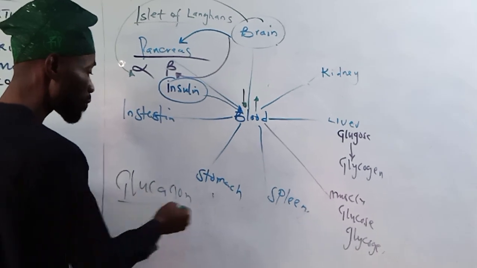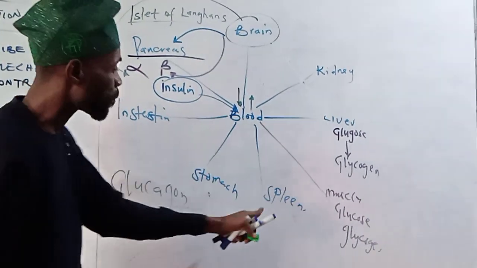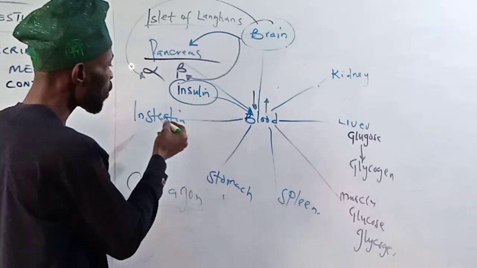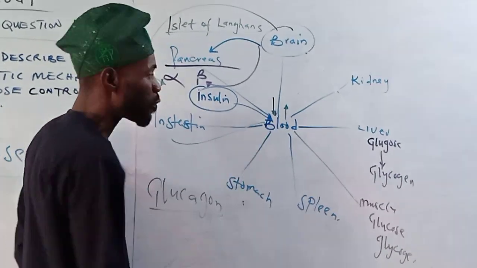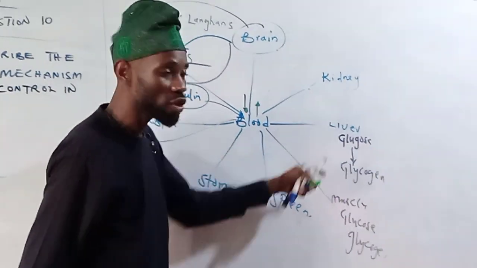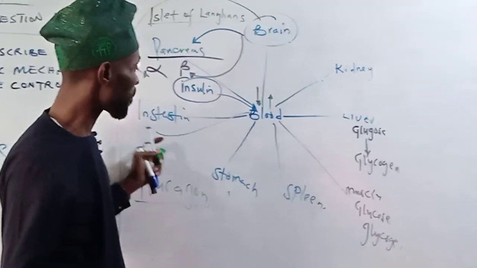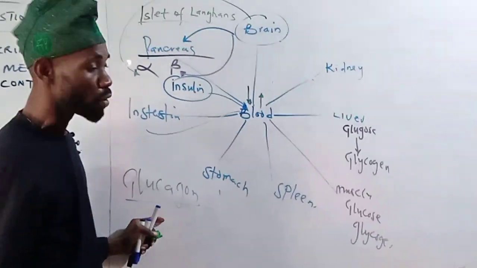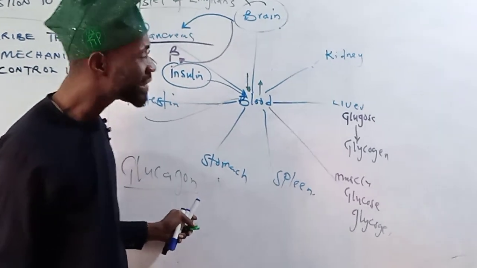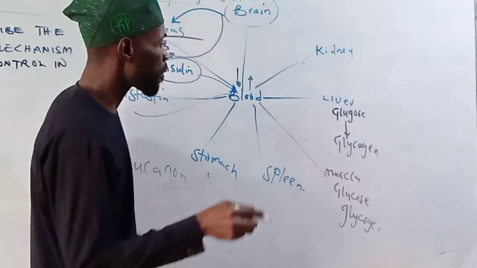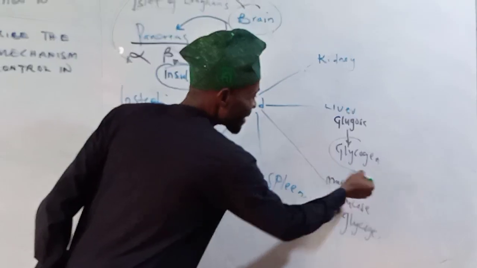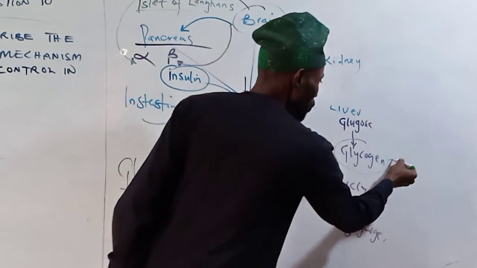And what is the function of glucagon? It does the opposite of what insulin does. It will flow into the bloodstream, and when it gets into the liver, glucagon stimulates the liver to reconvert the stored glycogen back to glucose.